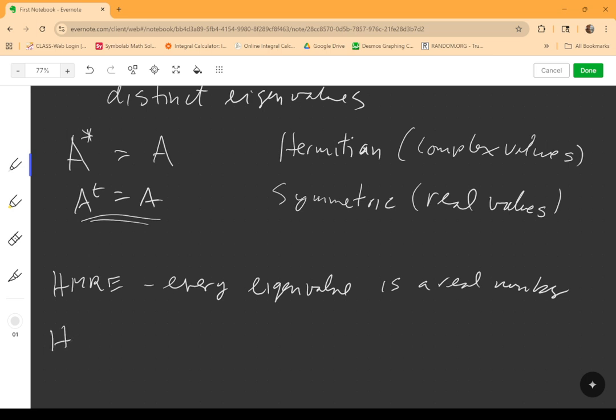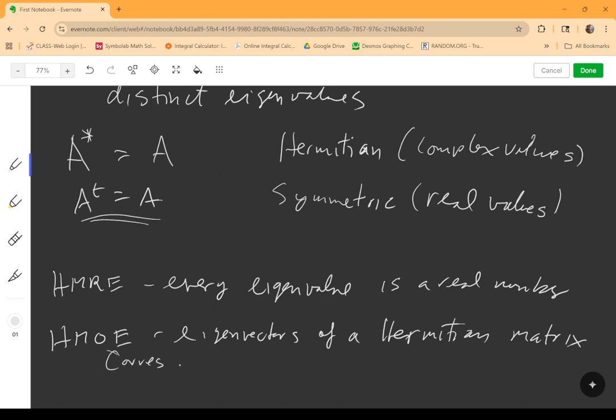And then the other property, HMOE, states that eigenvectors of a Hermitian matrix corresponding to distinct eigenvalues are orthogonal.